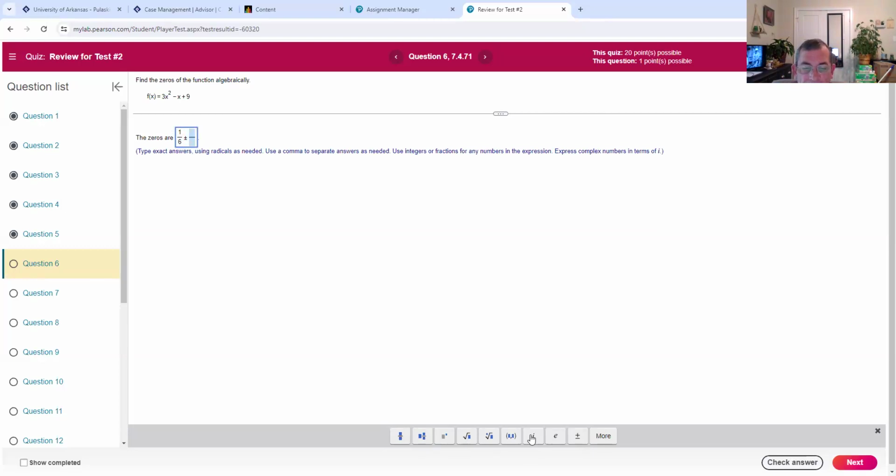I'm going to put in my i and then hit the square root, put in a 107. Then let me click to the bottom and put in my 6. So y'all, this one has to be like two fractions, okay? All right, y'all. Once you put that in, you hit next.